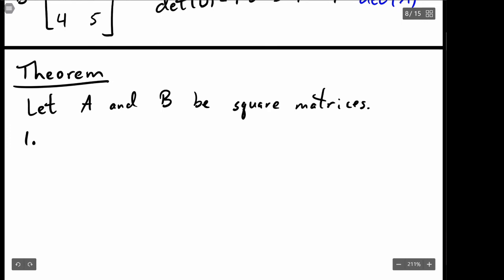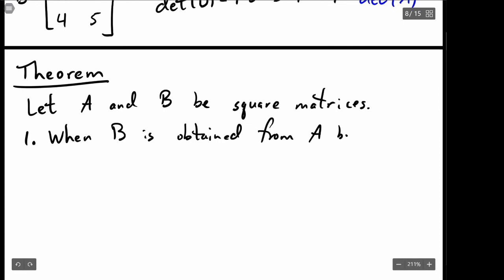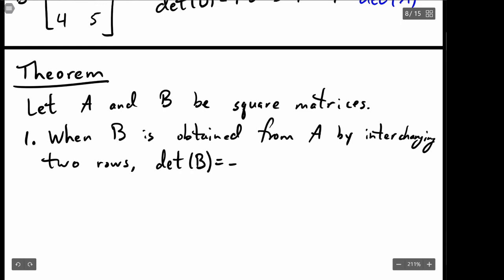Then 1, when B is obtained from A by interchanging 2 rows, the determinant of B is going to be negative the determinant of A. Okay.